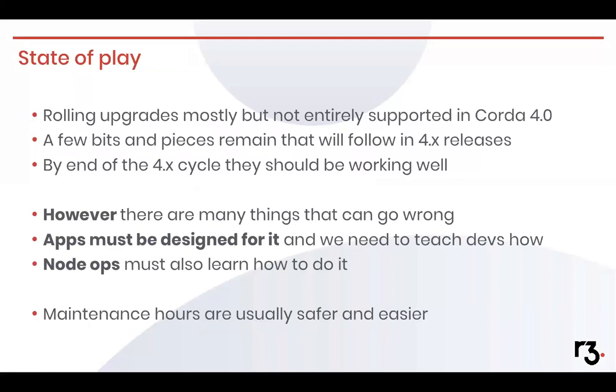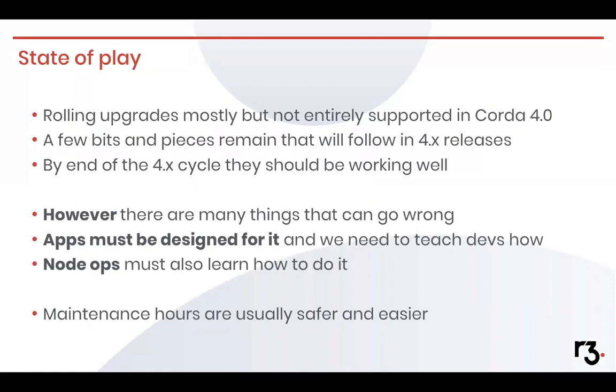We had to do all the ones that affect the core data model and protocols in 4.0, but a few things could be left. And the goal is, it'll take a bit of time to get this right because it is a complex thing, but by the end of the 4.x cycle, they should be working well and you should be able to do them quite straightforwardly for both Corda and apps.